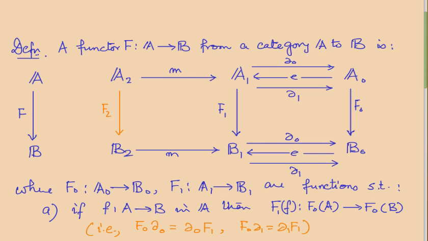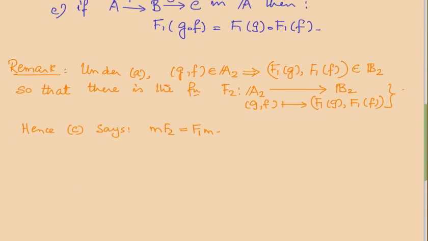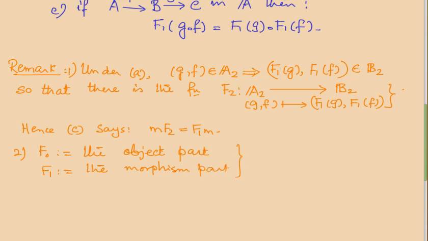is a pair of functions. F0 is often said to be the object part of F, and F1 is said to be the morphism part of F. Okay.